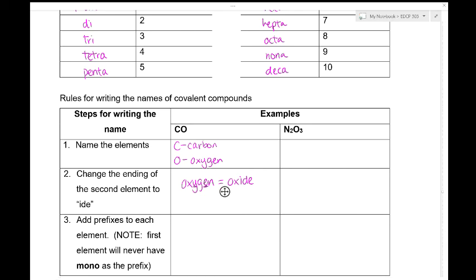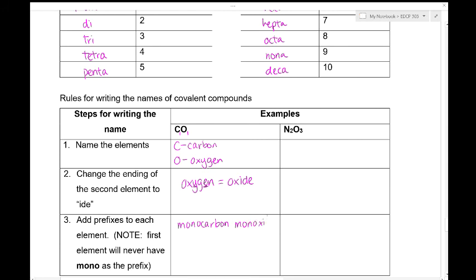Step 3 tells us to add a prefix to each element. And note, the first element will never have mono as a prefix. So looking at this, we have 1 carbon, 1 oxygen. That means that's monocarbon, and monoxide.